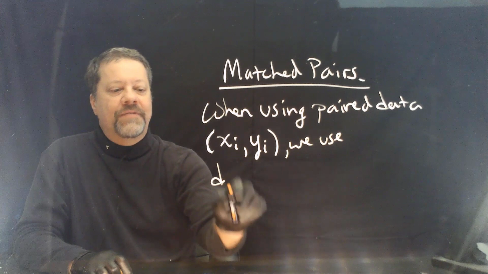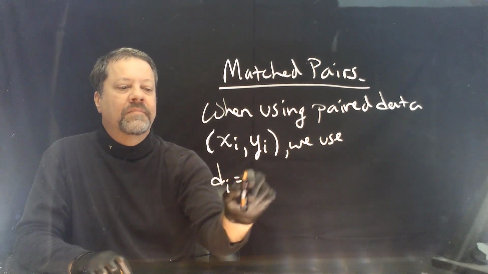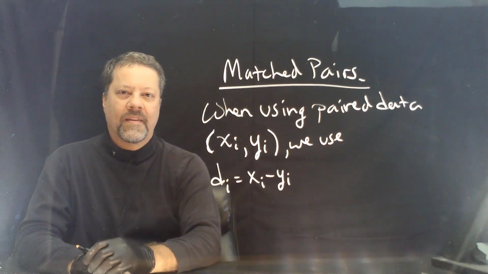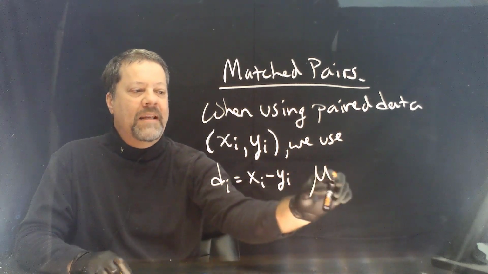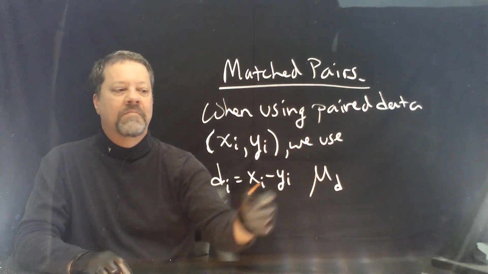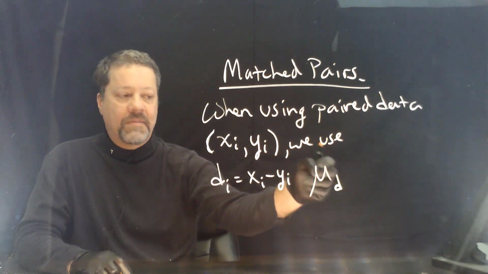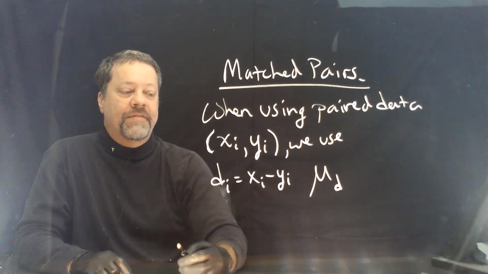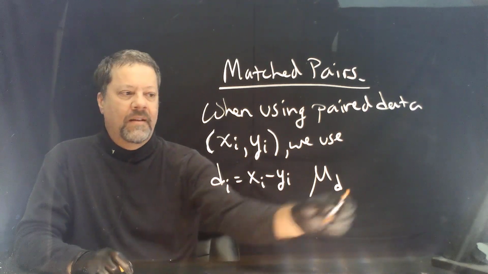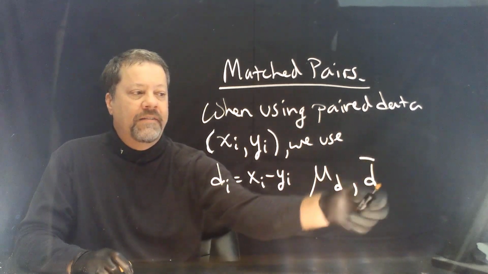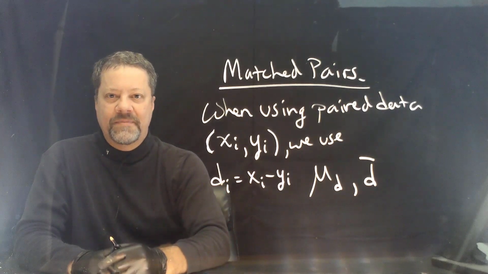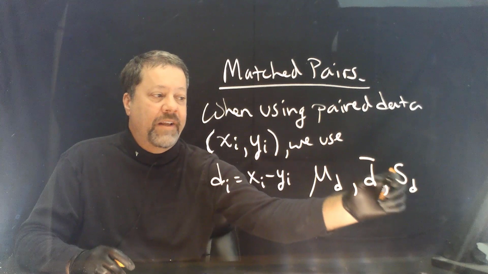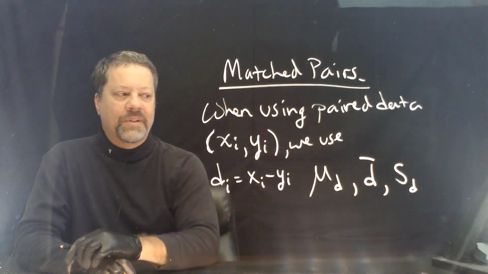We'll use these differences. We'll have a mean difference as our null hypothesis. It might be that the mean difference is 0, or the mean difference is some specified value. We'll also have a sample mean difference and a standard deviation for the sample differences as well.